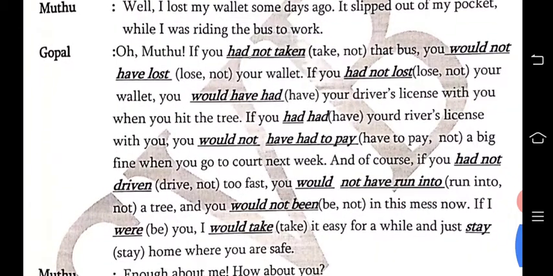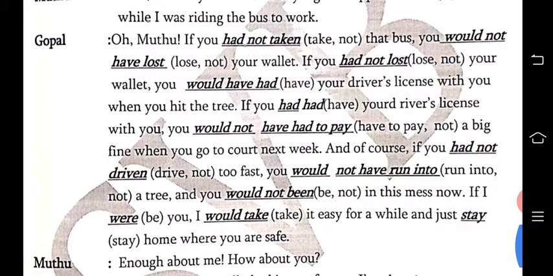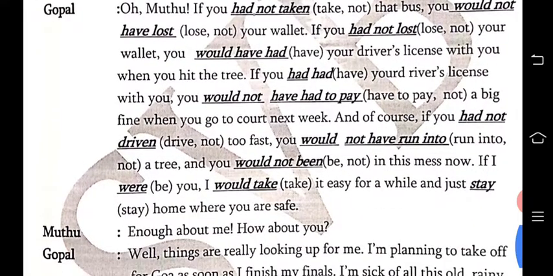Oh, Muthu, if you had not taken that bus, you would not have lost it. Okay, unfulfilled. If you had not lost your wallet, you would not have had your driver's license with you when you hit the tree. If you had your license with you, you would not have had to pay a big fine when you go to the court next week.